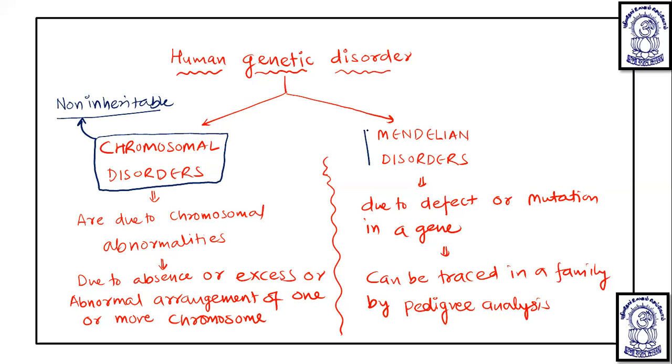But Mendelian disorders are able to pass from one generation to another, so they are inheritable. Due to this, they can be traced in a pedigree, but chromosomal disorders cannot be traced. So we are going to discuss chromosomal disorders one by one and then Mendelian disorders.